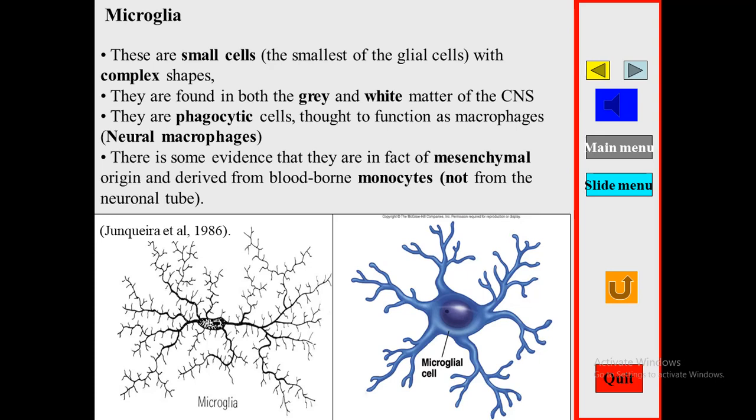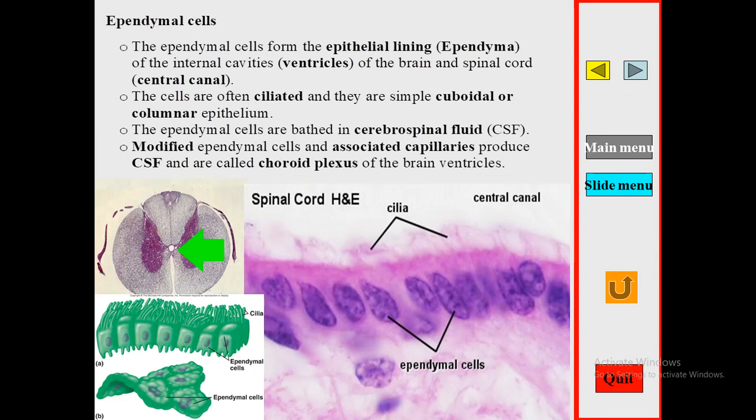They contain cellular processes, and some textbooks say that they originated from ectoderm, from the neural tube, which means they originated like all the nervous tissue cells, and others say they originated from the monocytes. Those are the microglial cells, and they are the smallest cell of all central nervous system cells.